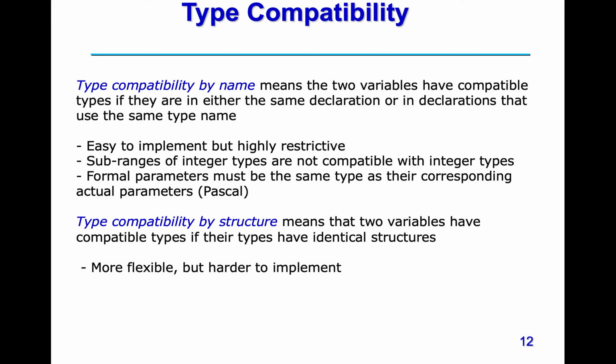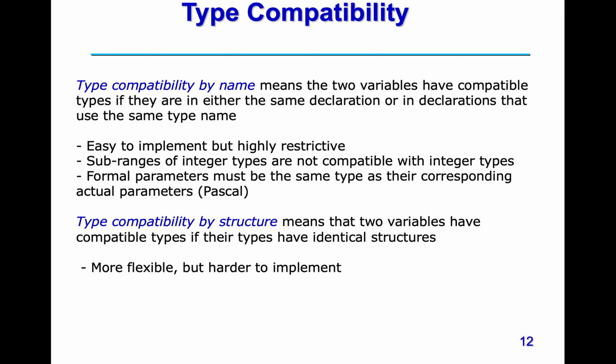So, all right, and under the type compatibility by name, it's easy to implement, but highly restrictive. If I want to change types to get compatibility, I have a value in a float variable, float f, and it equals 2. I actually have to cast it to an int, even though it holds the value 2, in order to make some operator work with another int.